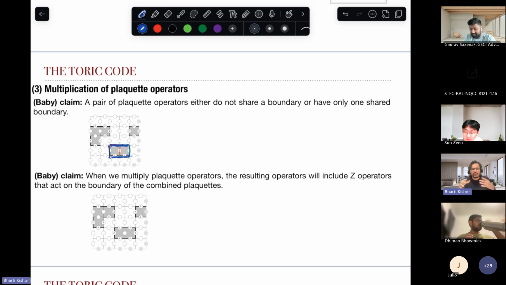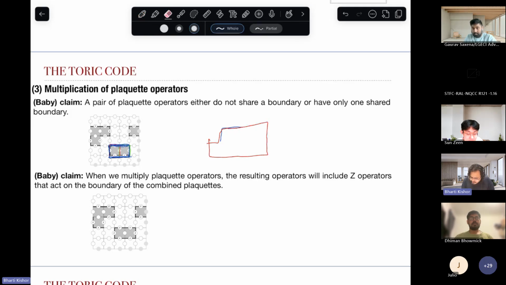If you try to visually make sense of it, you have a very complicated plaquette operator, and let's say you take another plaquette operator. The resultant operator will lose the common boundary, because when you multiply, you get identity.